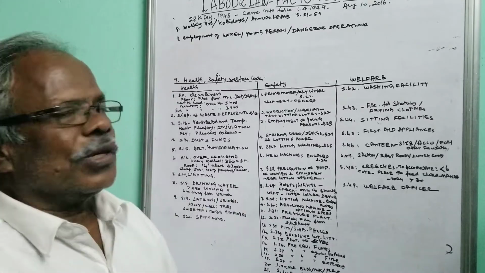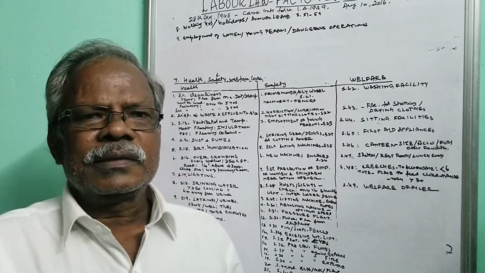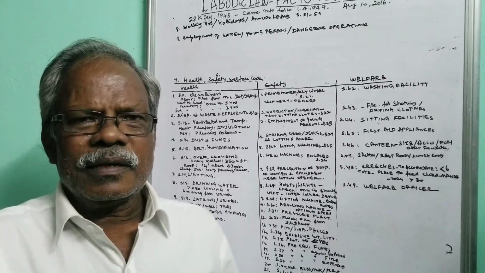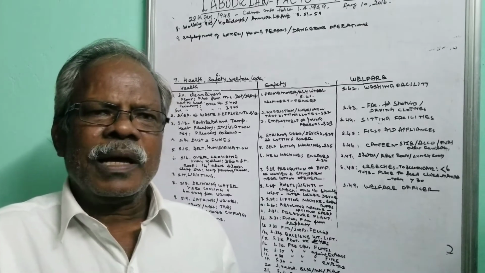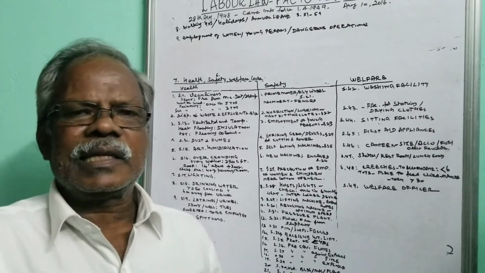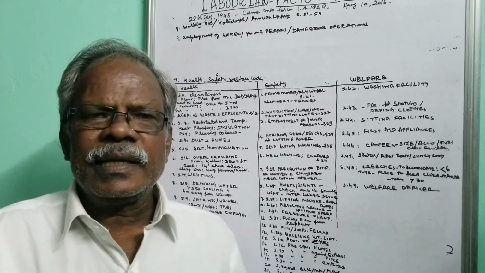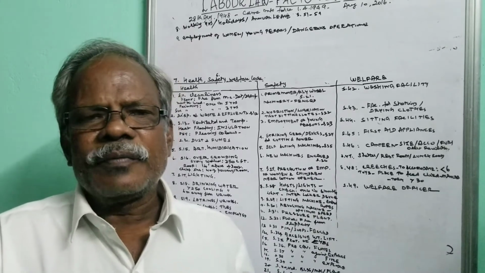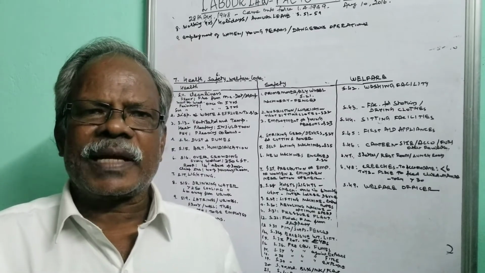Now we are going to see the important topic of the Factories Act, in which we are going to see about the safety, health and welfare activities to be undertaken in the factory, which is mandatory for all the factories.